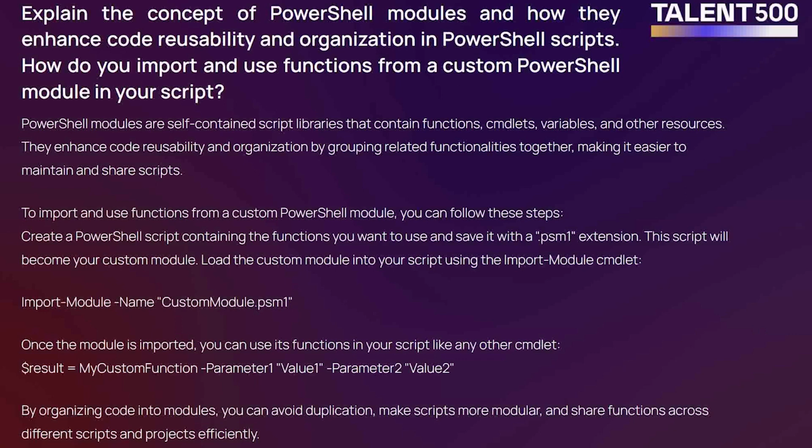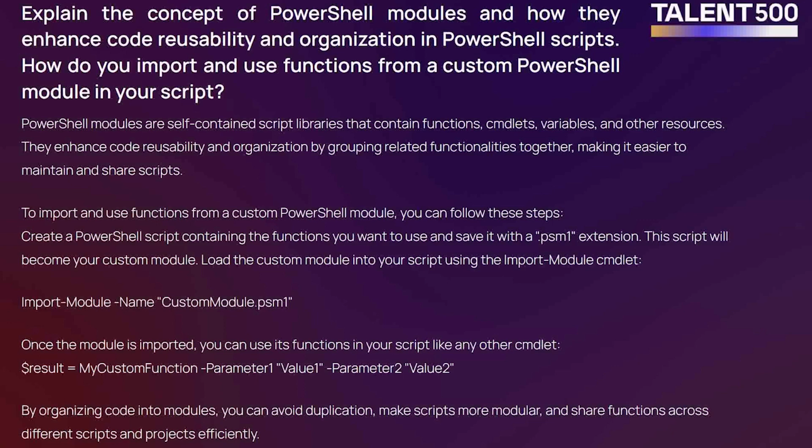For example, you need to get the result: My-CustomFunction -Parameter1 value 1 -Parameter2 value 2, and then you'll be getting that result. So My-CustomFunction is the function name, and you're passing the parameters Parameter1 and Parameter2.